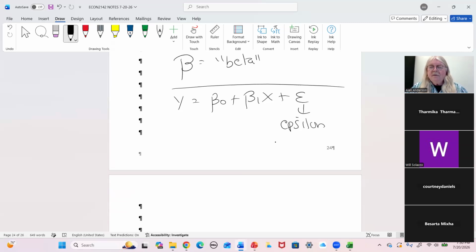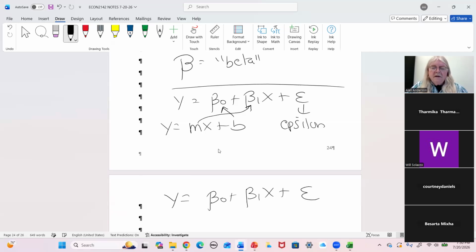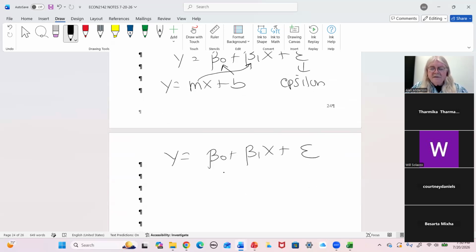And so what I'd like to do is show you how these lines are similar up to a point. This regression line of an intercept.